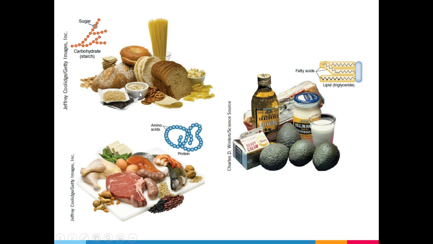Because it's primarily composed of starch. Starch is a carbohydrate, and we know that starch is comprised of its building blocks called sugar, or if we want the more scientific term, monosaccharides. So monosaccharides are the building blocks of carbohydrates.